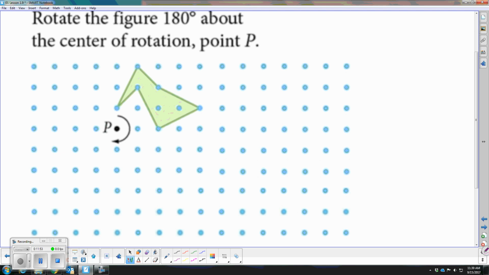So 180 degrees is a straight line. In this case, it doesn't matter whether we go clockwise or counterclockwise, but again, if it doesn't specify, then you should do clockwise. So 180 degrees from this point, about the center point, is right here. And I'm going to use colors to correspond so that we know what points to connect.